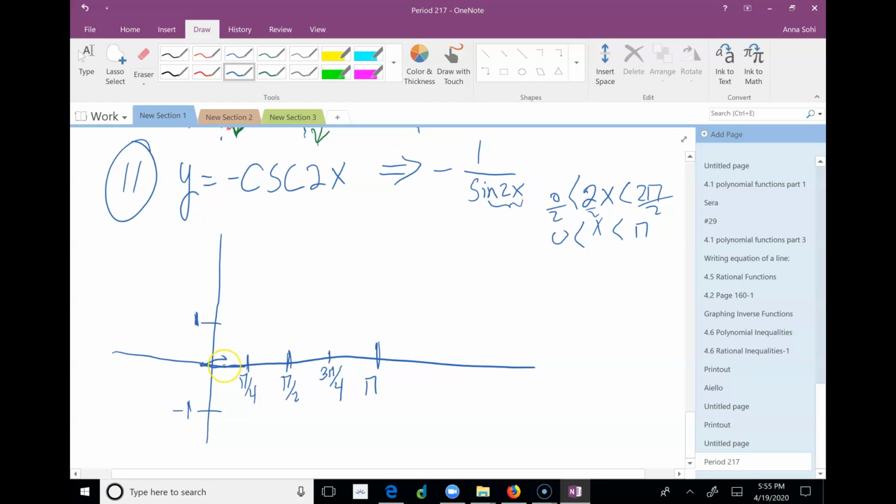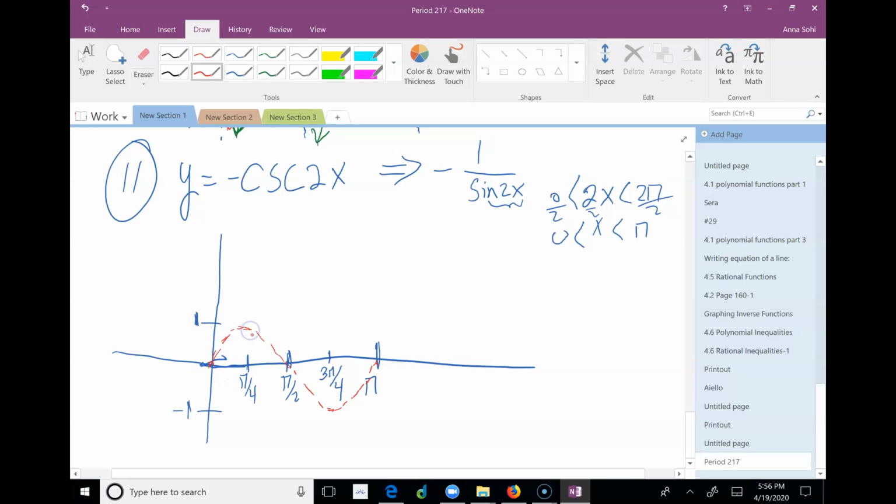So if you're graphing sine, you would start from 0, going up, down at pi over 2 to 0, and then at the 3rd increment going to -1, and then back to 0 at the end.